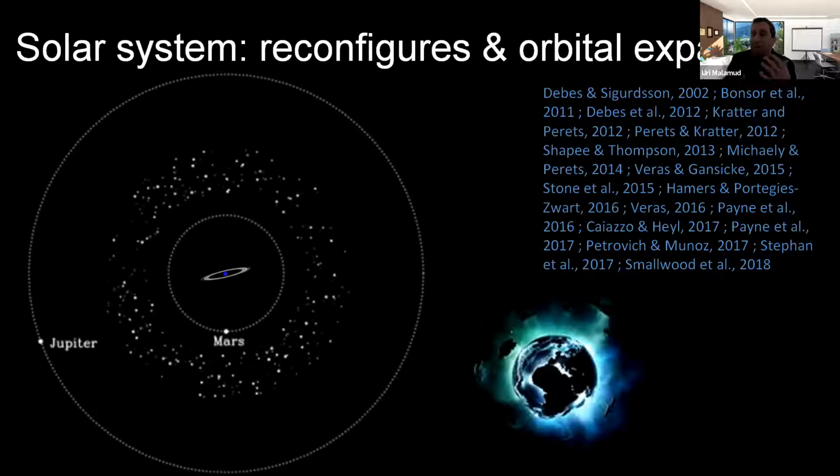So similar ideas have been proposed for post main sequence systems, for white dwarf systems. A lot of different mechanisms can actually inject these planetesimals into this kind of orbit. Okay, so it's not one mechanism, it's many mechanisms.